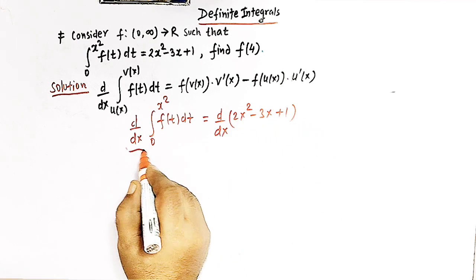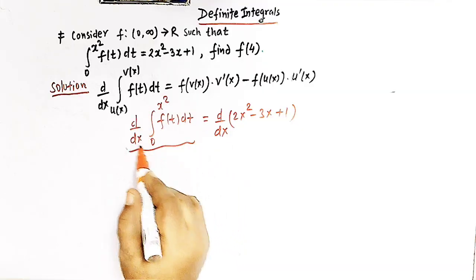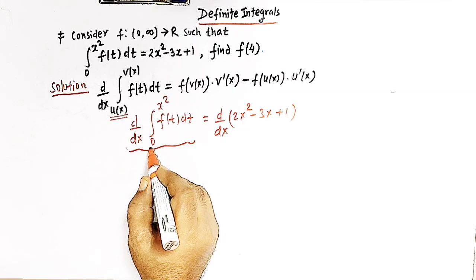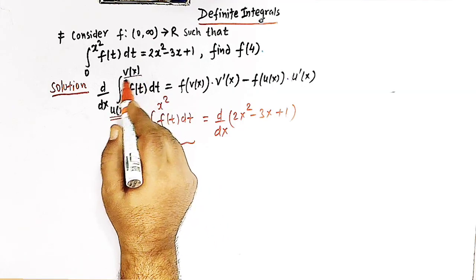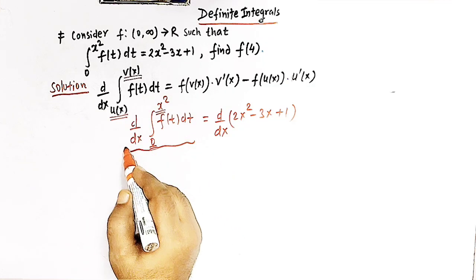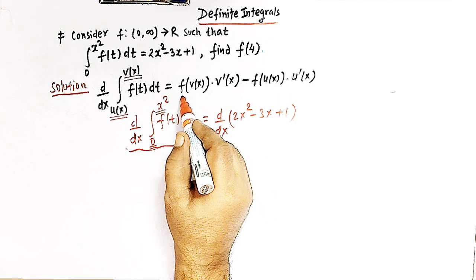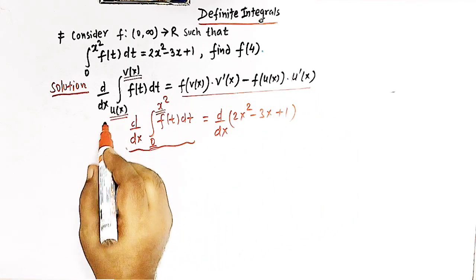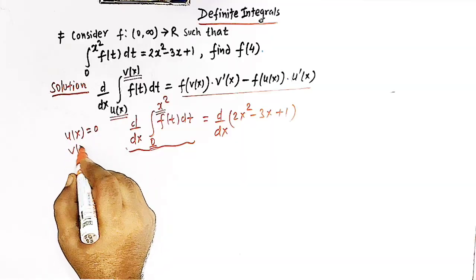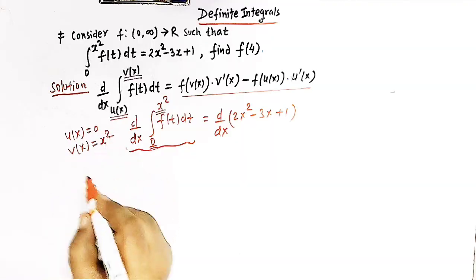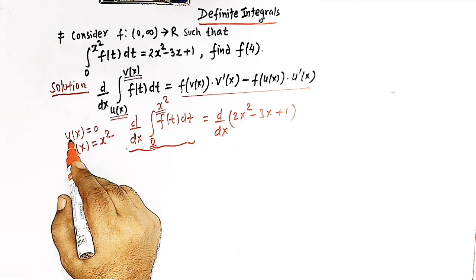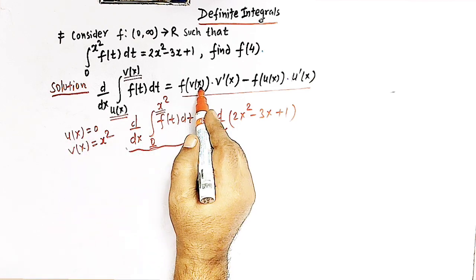So now if we compare this expression with this one, then here u of x is given by 0 and v of x is given by x square, right? So now this expression is equal to this one where u of x is 0 and v of x is x square. So let us write here the values of u of x and v of x.